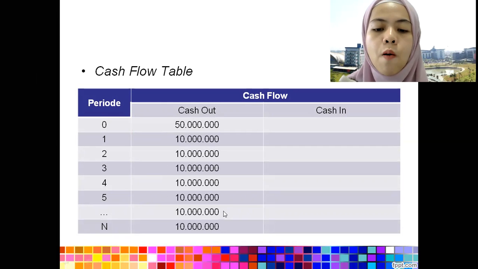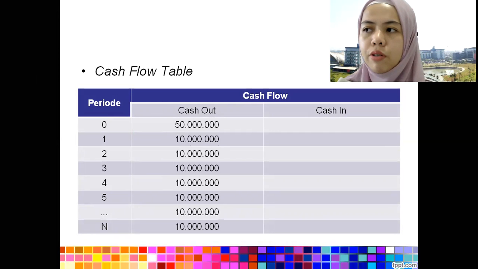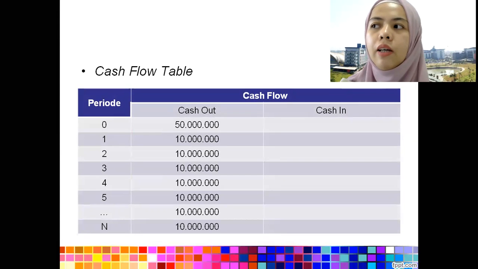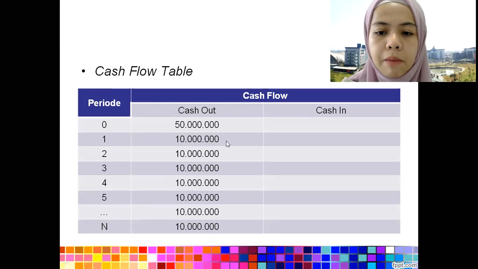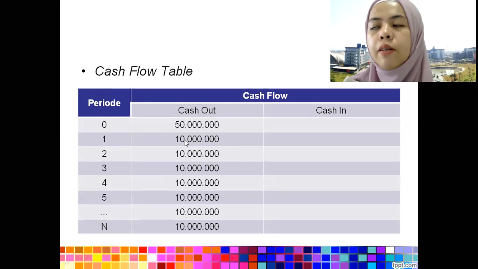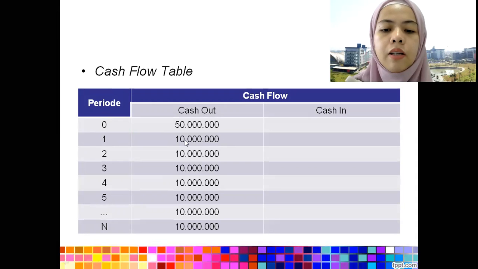And this is for annual operational costs, a regular cost that we pay periodically, which is 10 million. Just put it 10 times until the end of its useful life.